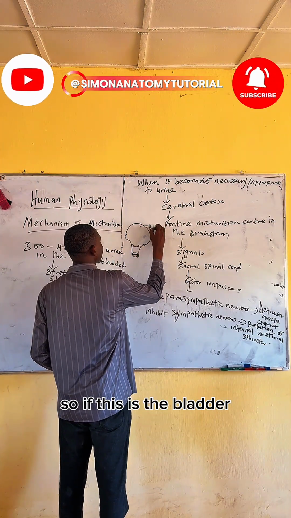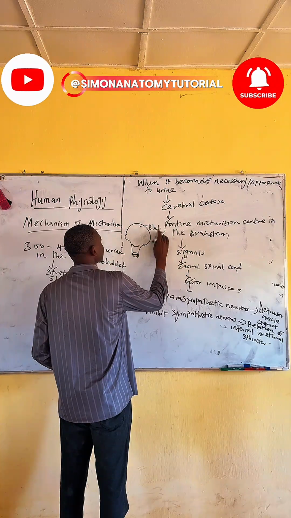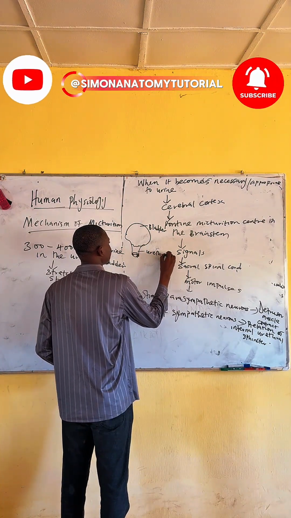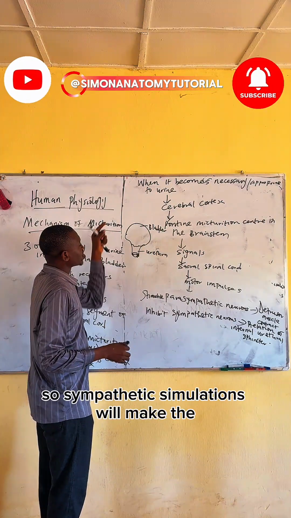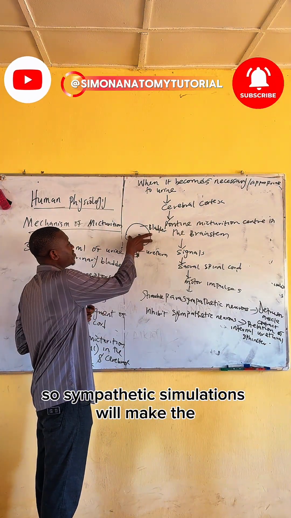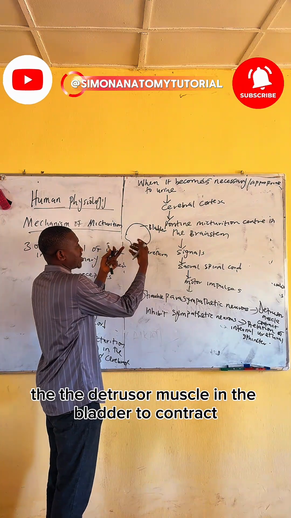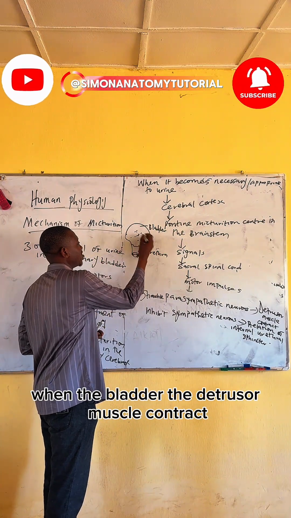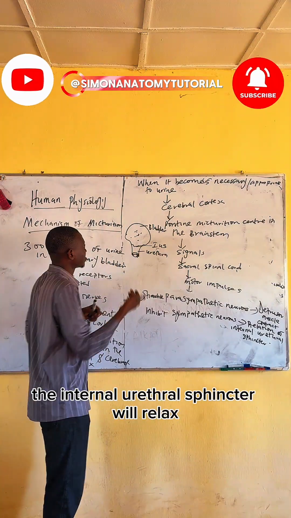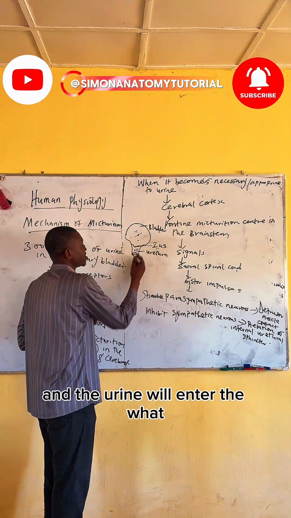So if this is the bladder and this is the urethra, the detrusor muscle in the bladder will contract. When the detrusor muscle contracts, the internal urethral sphincter will relax and the urine will enter the urethra.